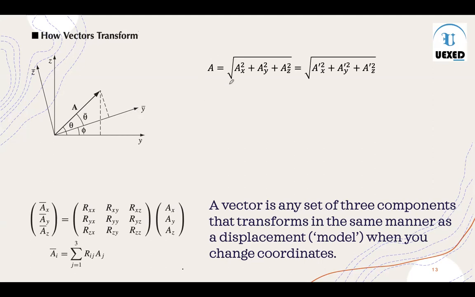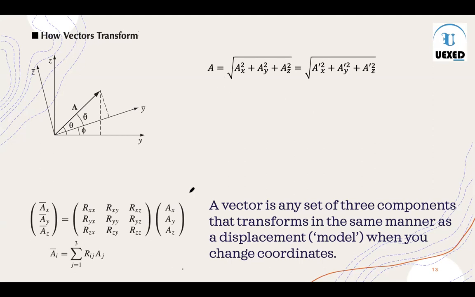So you can see the scalar quantity, which is the magnitude, is not transforming like ax bar, which can be a combination of ax, ay, az. That means ax can transform into the other components as well, but a scalar quantity cannot.